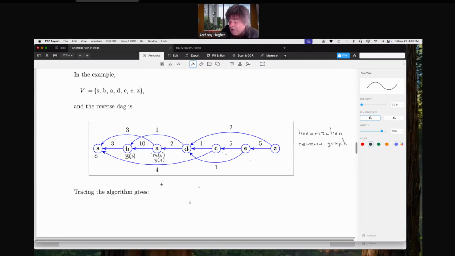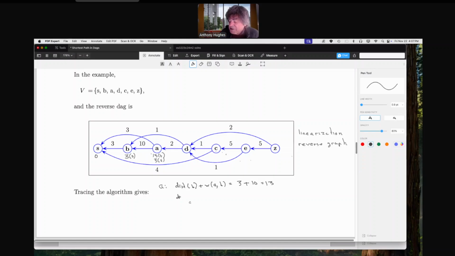So if we're looking at A, I'll write it down. We can do the weight of AB. No, I'll do it the other way. It looks very familiar to what we've done before. The distance to B plus the weight of A to B equaling 3 plus 10 equaling 13.